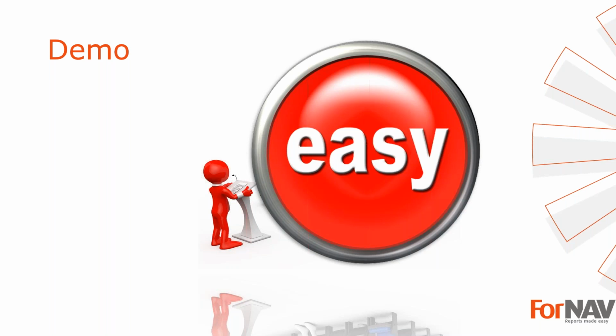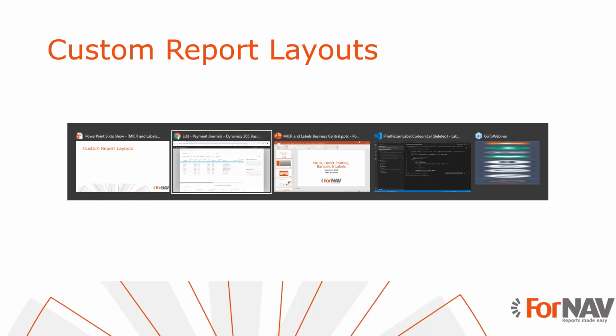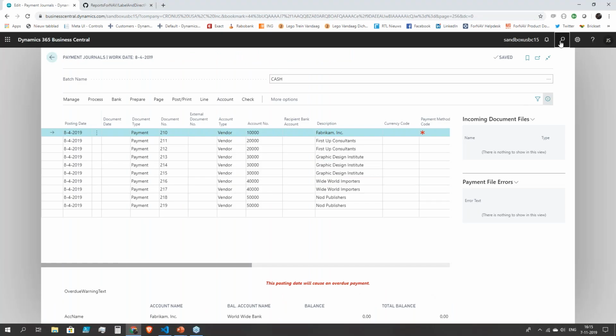And on top of that, you also get more things that make life easier, because the changed report that I have just created is stored in the custom report layouts. And let's see where we can find that in Business Central.